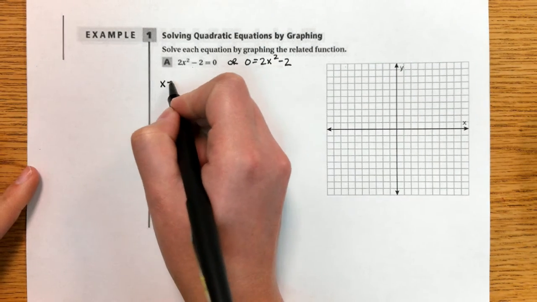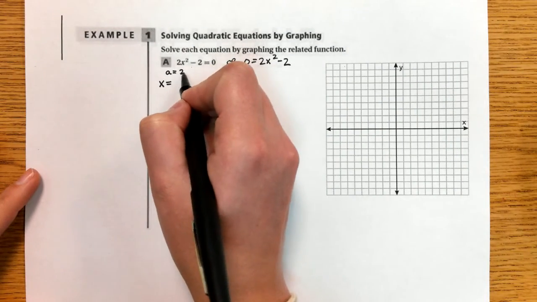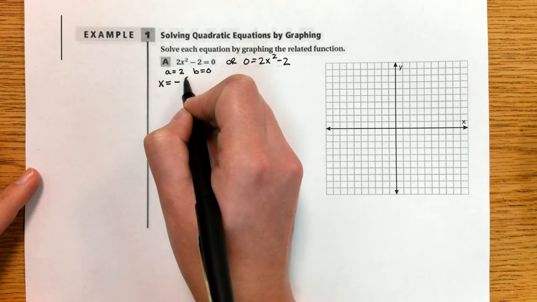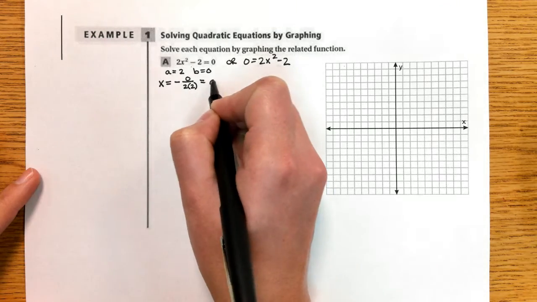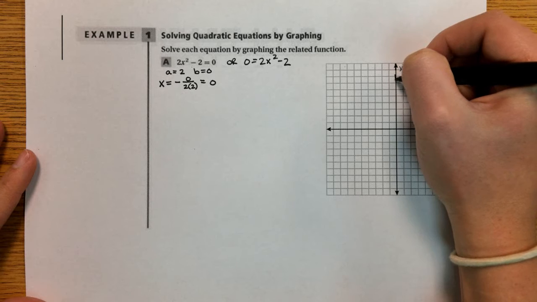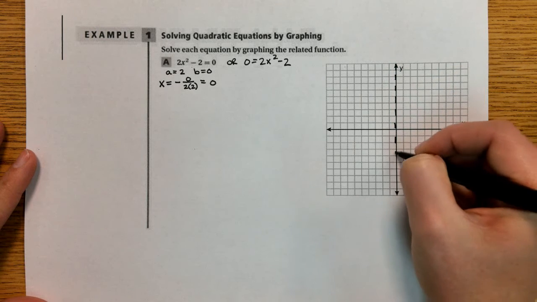So x equals negative b over 2a. So a here is 2 and b equals 0. So I'll have negative 0 over 2 times 2, and this is going to give us 0. So the axis of symmetry is 0. So right here, our y-axis will be our axis of symmetry.